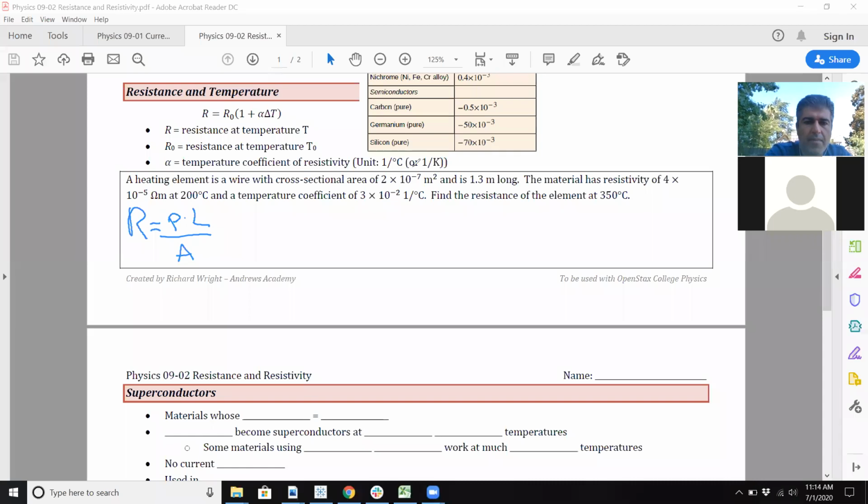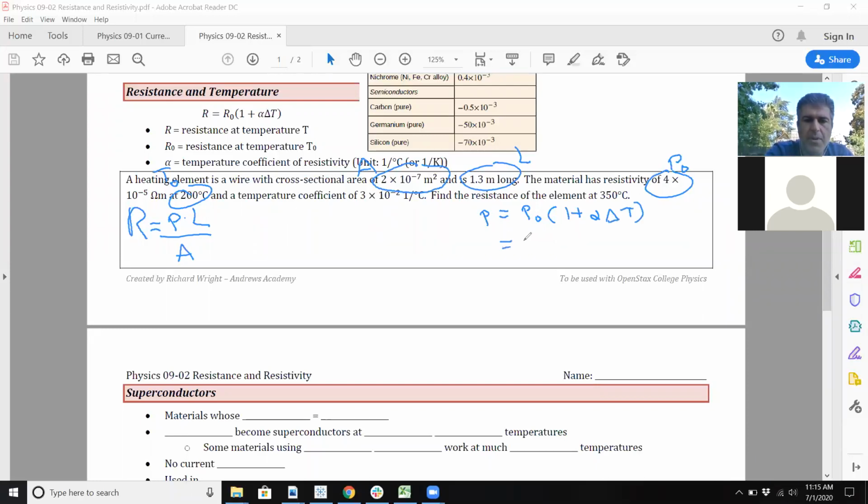And we know the area, and we know the length, but we know P at a certain temperature. So I'm going to call this P0, and that is at T0. And remember, we have this formula here that P equals P0 times 1 plus alpha delta T.